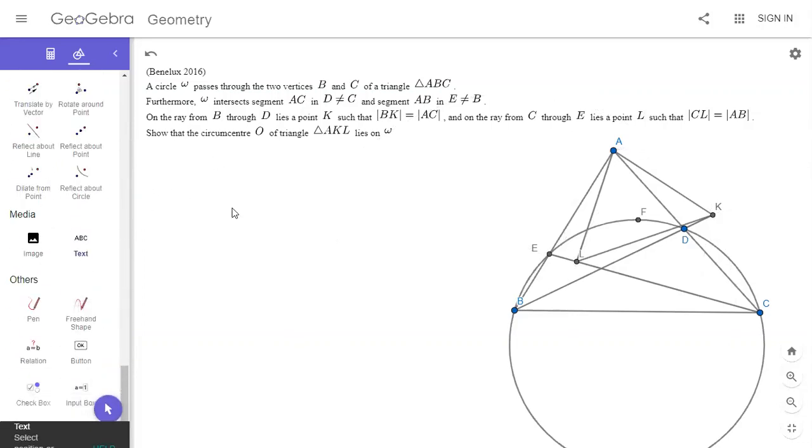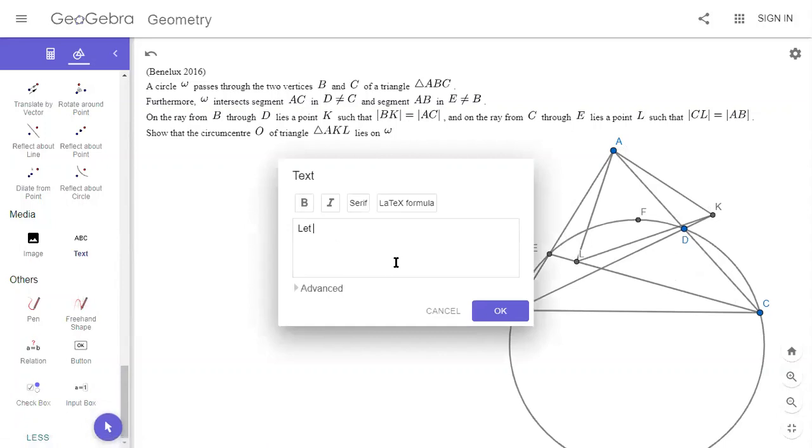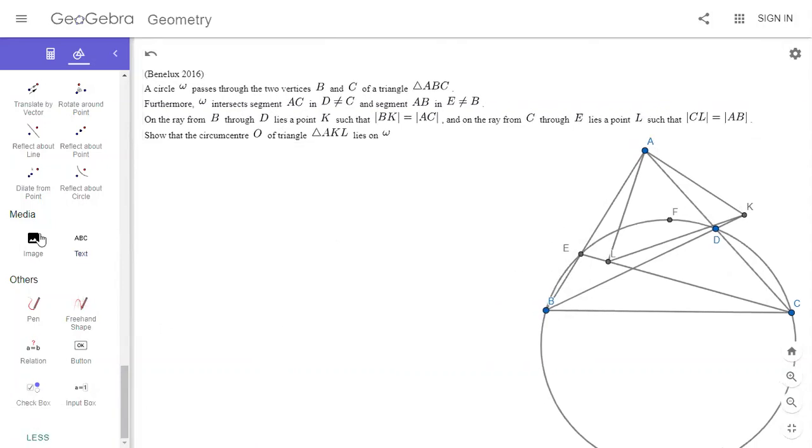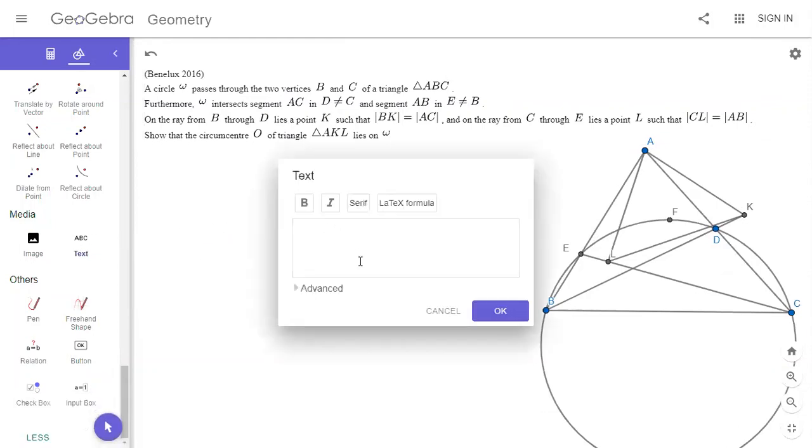Maybe I'll move the diagram over a tiny bit more so you can see it as I type. So let F be the midpoint of arc BEDC.